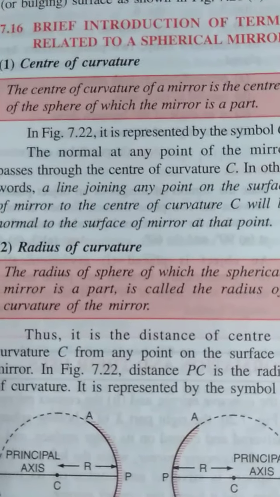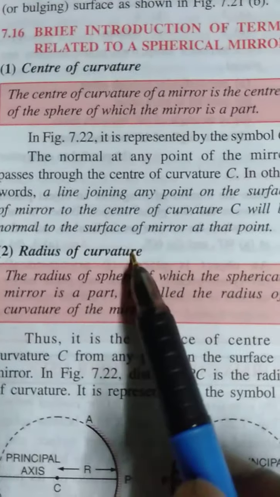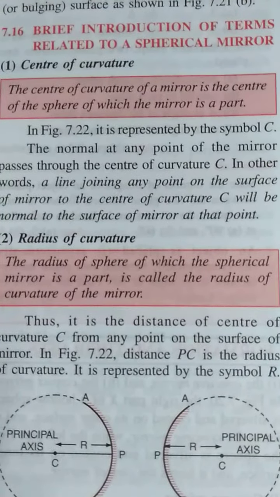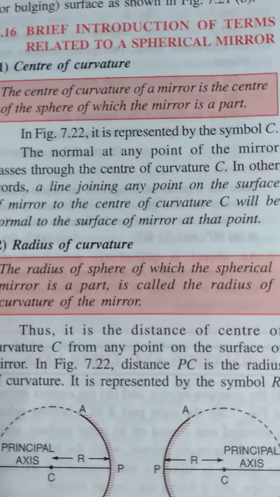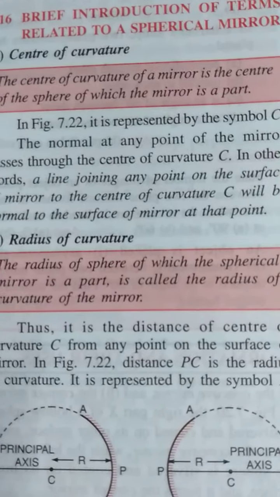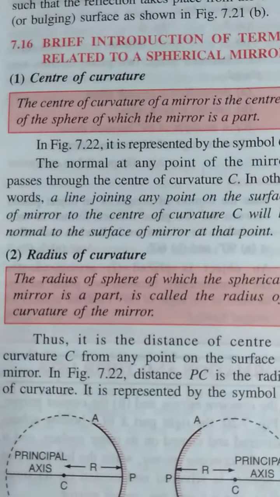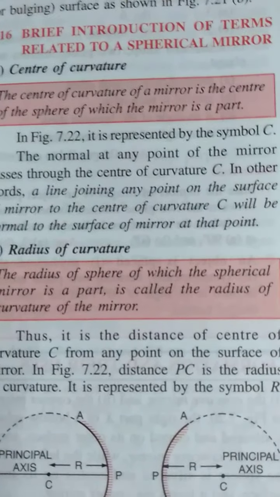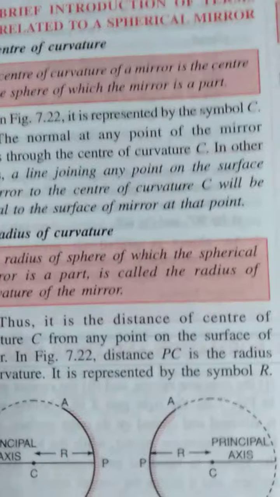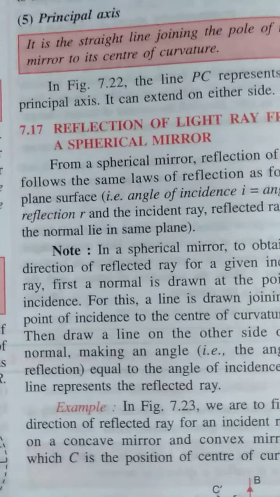Similarly, the next term, radius of curvature. The radius of the sphere of which the spherical mirror is a part is called the radius of curvature.